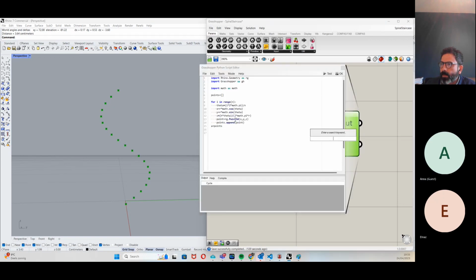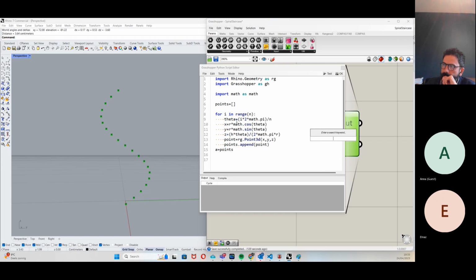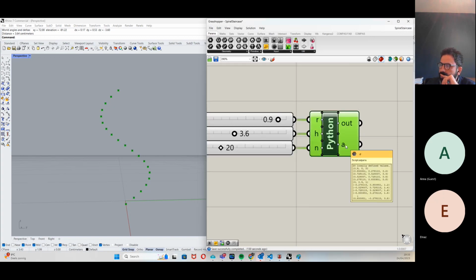Okay, so why do you think we have one extra? 2 for the height. Let's see, how many did we get? 20, exactly 20. But do we really need 20 or do we need one less?